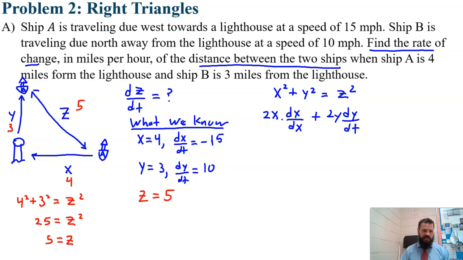I said dt, but I wrote dx. Oops, typo here, let's fix that. With related rates, you're typically always looking for derivatives in terms of t. And then same thing on the right side of the equation, that's just going to be 2z using my power rule times dz over dt, the derivative of z with respect to t.